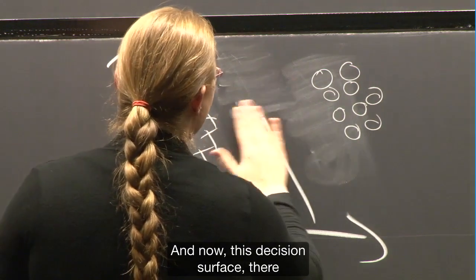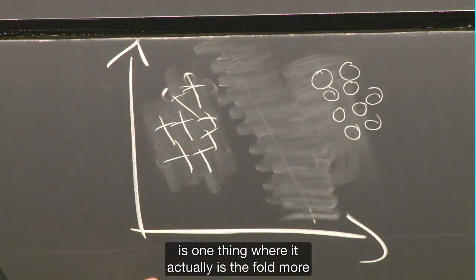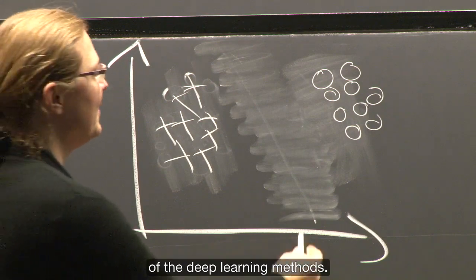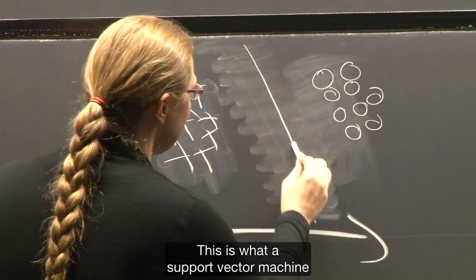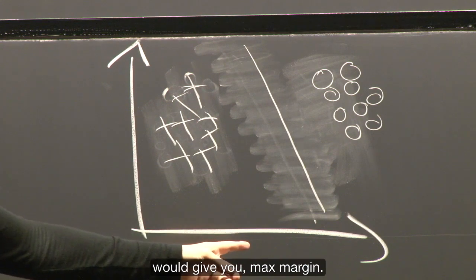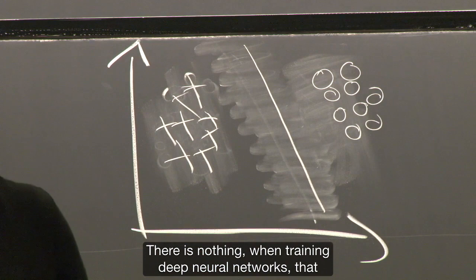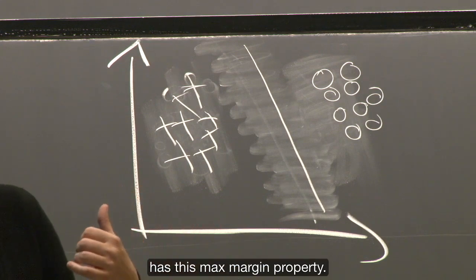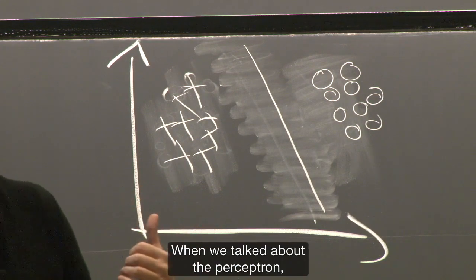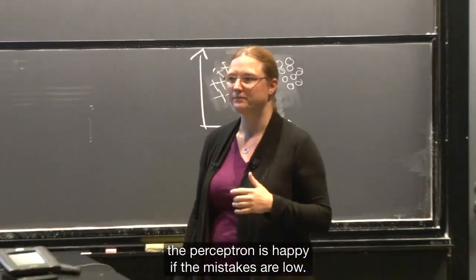And now, this decision surface, there is one thing where it actually is more the fault of the deep learning methods. This is what a support vector machine would give you, right? Max margin. There is nothing when training deep neural networks that has this max margin property, right? When we talked about the perceptron, it is happy if the mistakes are low.